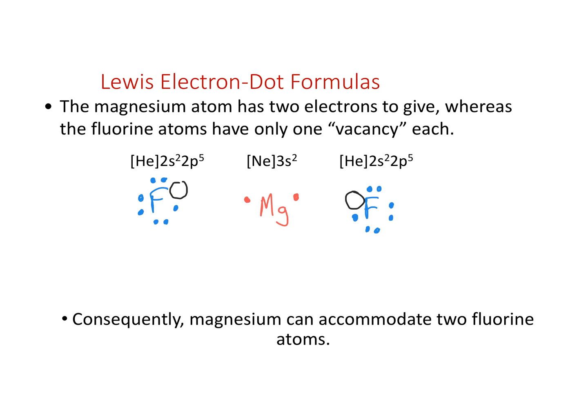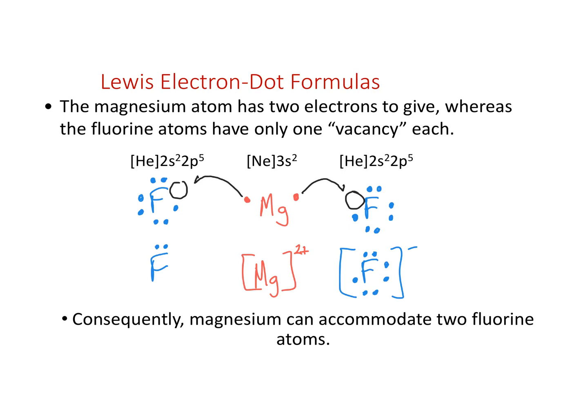Magnesium has 2 valence electrons. It wants to lose those 2 electrons. And so what we can imagine, magnesium is going to transfer 1 electron to the vacancy in this fluorine. It's going to transfer the other electron to this vacancy in fluorine. And so magnesium loses both of those electrons. It's going to form magnesium 2+, and I'm going to form my fluoride, each with 7 valence electrons plus the red electron that came from magnesium.